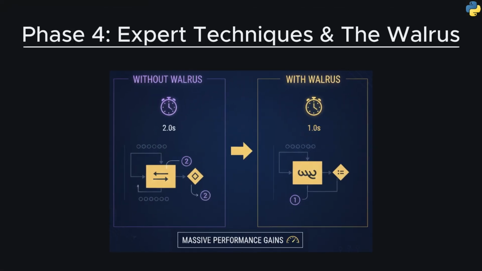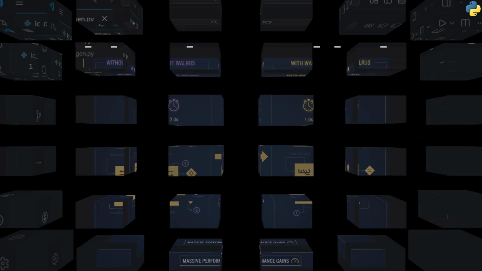Now for Phase 4, the tricky techniques. Python 3.8 introduced the Walrus operator. In a comprehension, this allows you to calculate a value, check a condition, and use that value all in one pass.